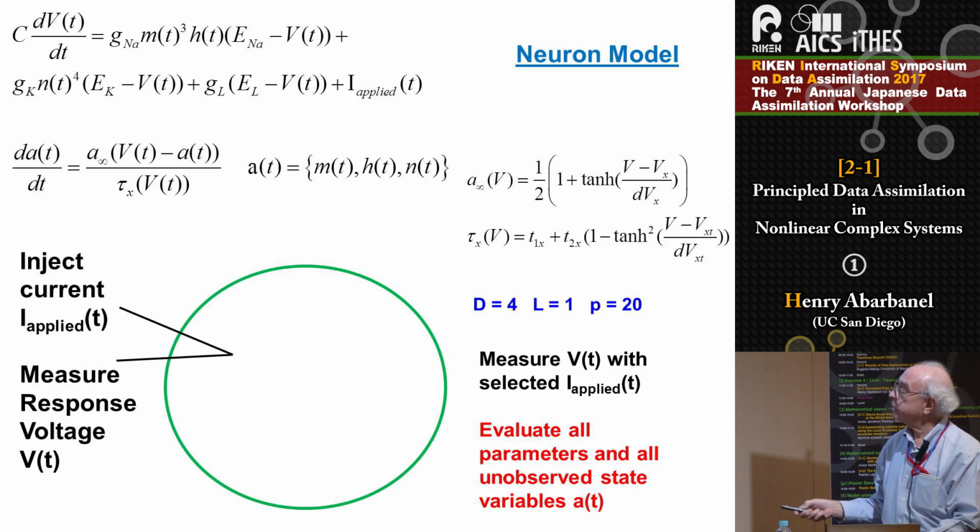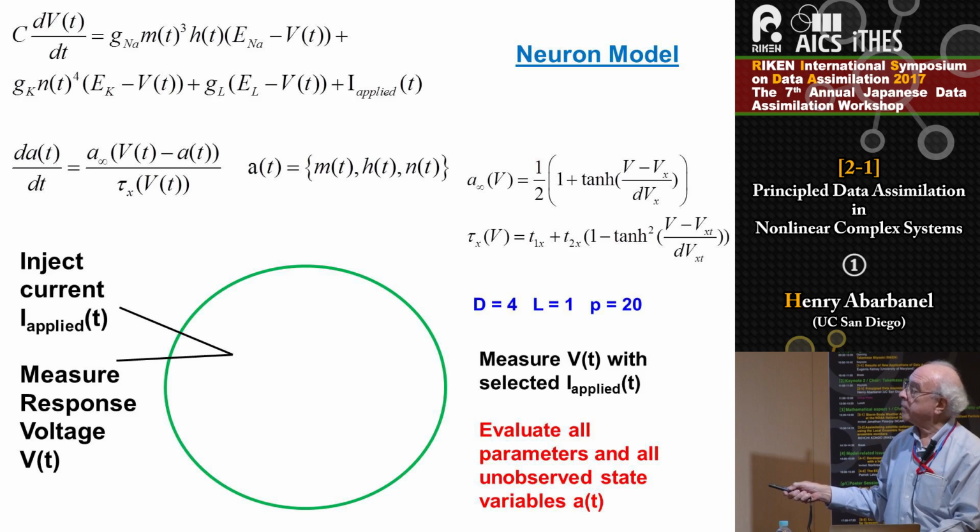Furthermore, in characterizing the cell, we have on the order of 20 unknown parameters, and we have to measure those as well. I will show you how we do it, and I will show you the results.